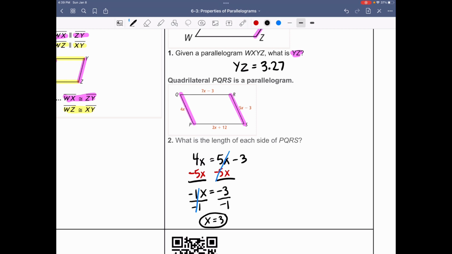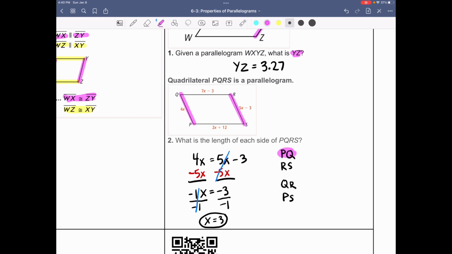All right, but that's not what they asked for. They said, what is the length of each side? So I'm going to list the sides over here. We have PQ and the opposite side RS. Then we have QR and PS. All right, so first one I'm going to find out is PQ.